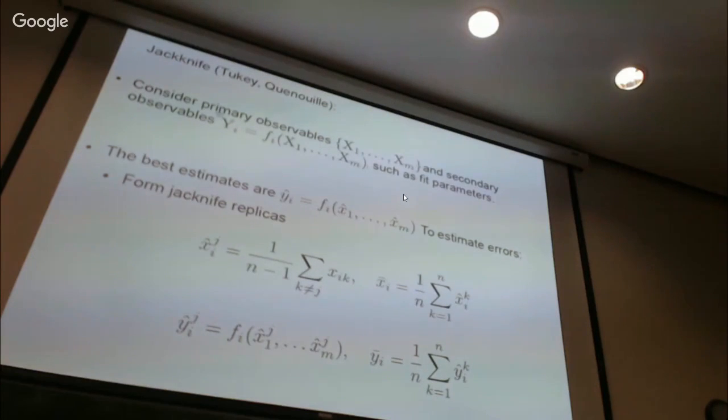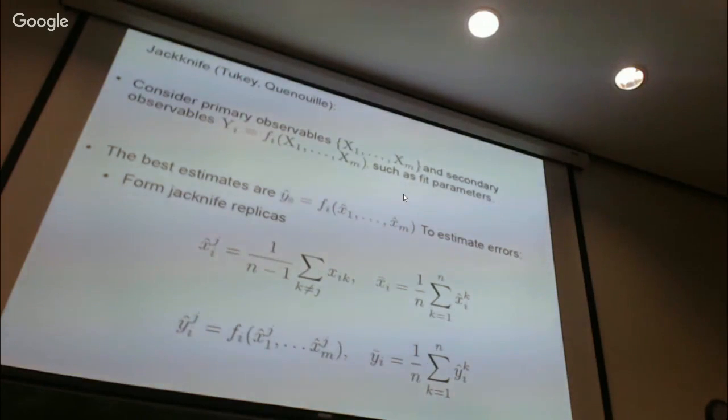We're going to denote those secondary observables by capital Y. And you can think of these secondary observables as arbitrary functions of the means of the primary observables, such as the fit parameters that we considered in the previous example.